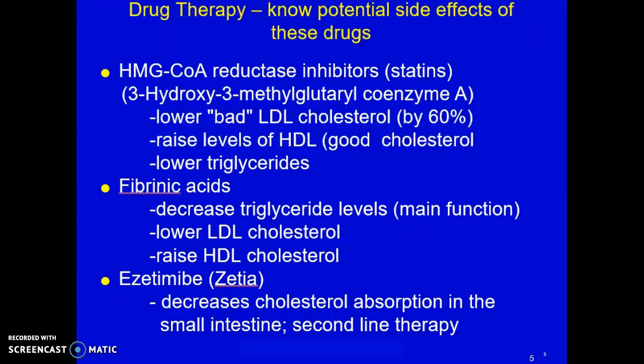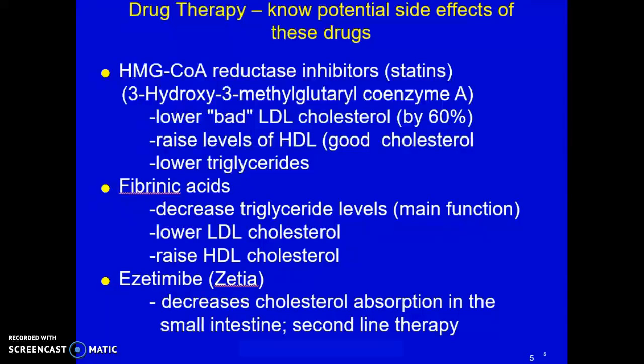And then Zetia is a newer medication that decreases cholesterol absorption in the small intestine. So it's used not as a primary drug, but as a second drug, for patients that still have problems even though they're taking a statin or a fibrinic acid drug.